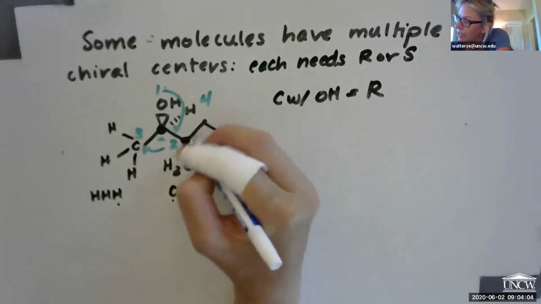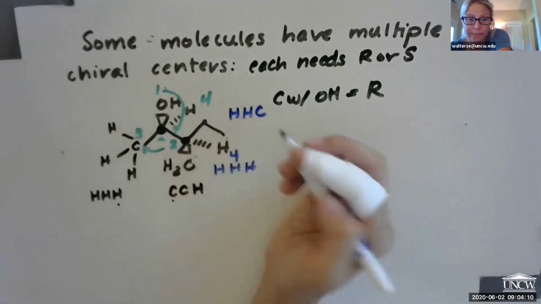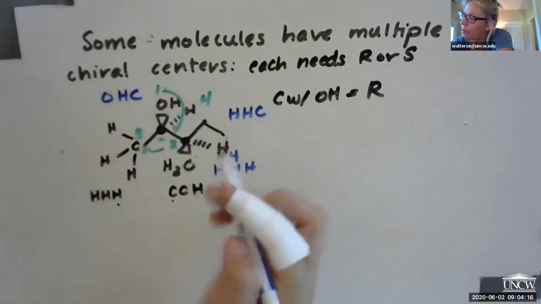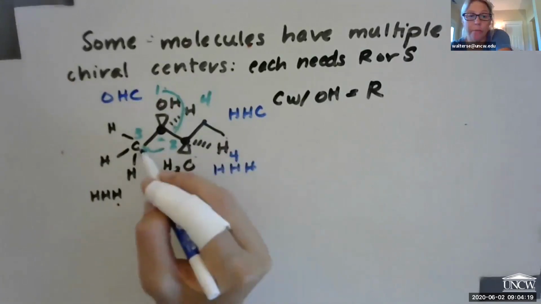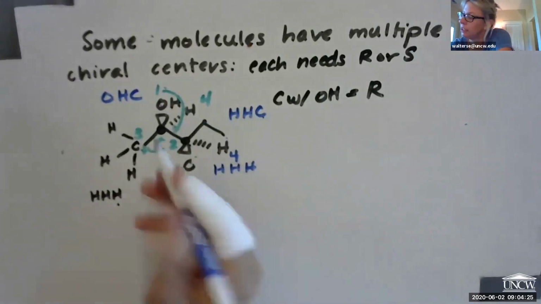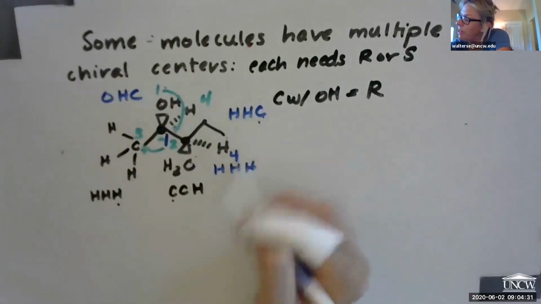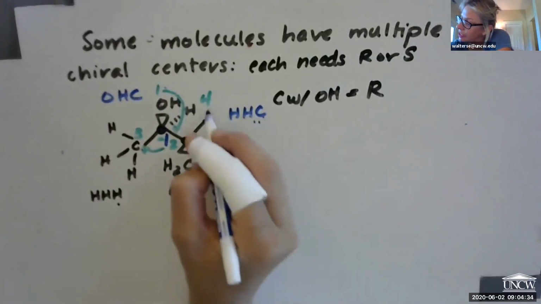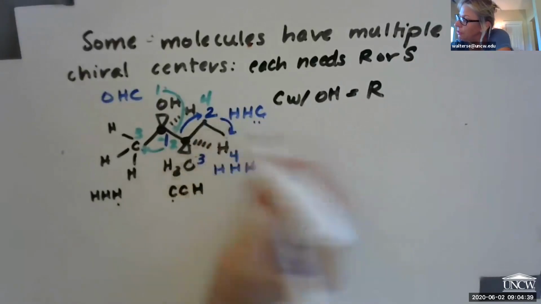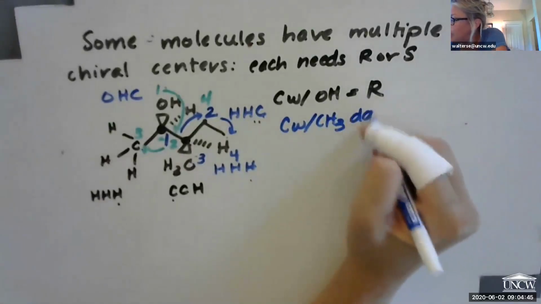This carbon has hydrogen, hydrogen, and this carbon down here has oxygen, hydrogen, carbon. Oxygen beats carbon, so this becomes 1. Carbon here beats hydrogen, so this is 2, 3. Now we're going 1 up to 2, 2 down to 3. So the carbon with the CH3 on the dash is also R.